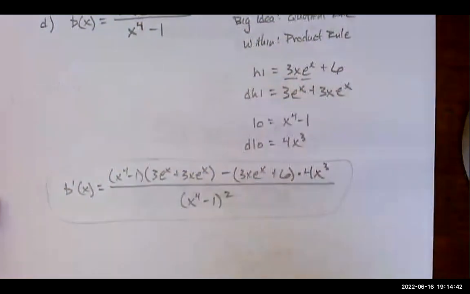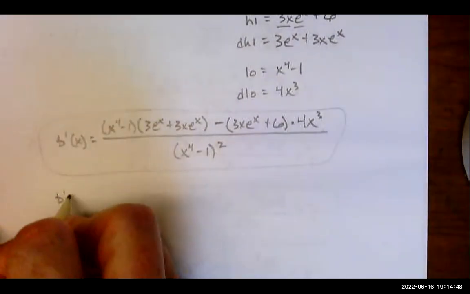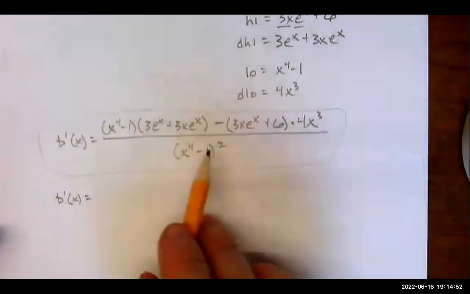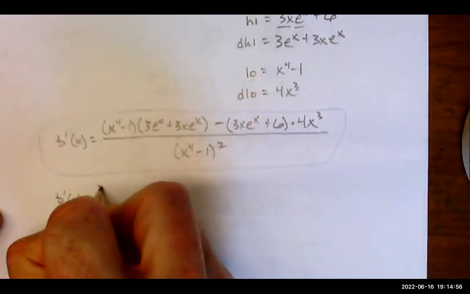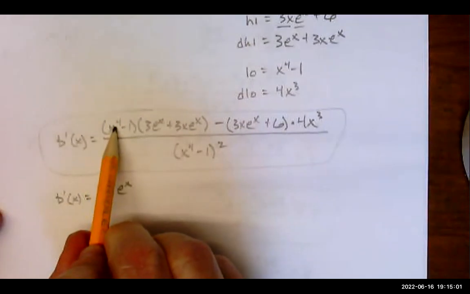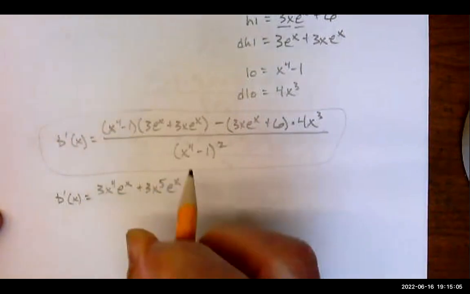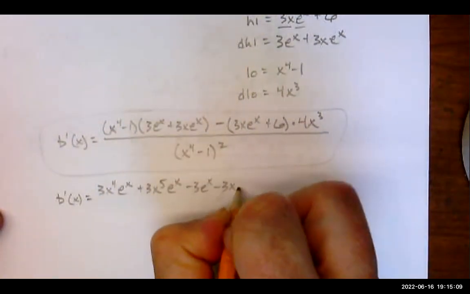On a test or a quiz, if we're asking for a derivative, stop right there. But just for the practice, why not? Let's see what we can do. So this would all distribute, this would distribute. We're not going to mess with the denominator. Let's see here. 3x to the 4th e to the x plus 3x to the 5th e to the x, minus 3e to the x minus 3x e to the x.